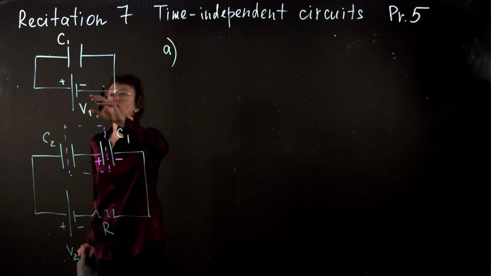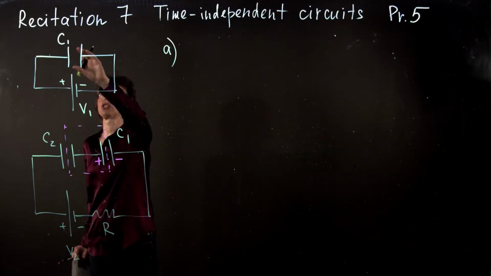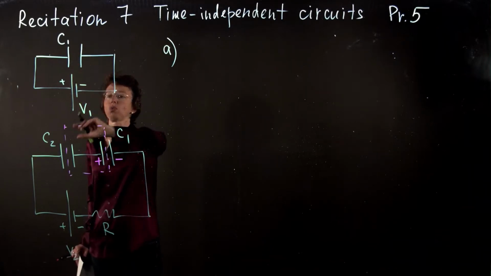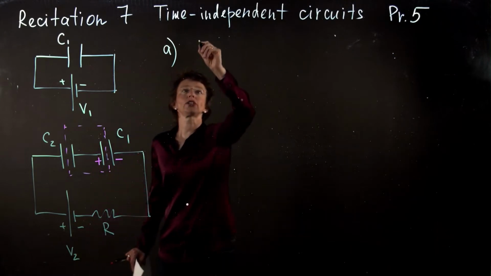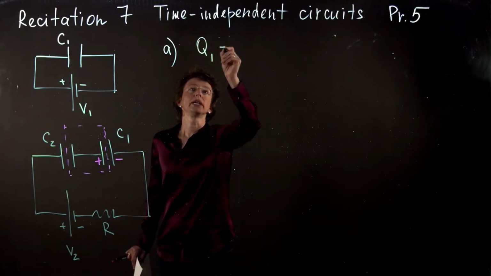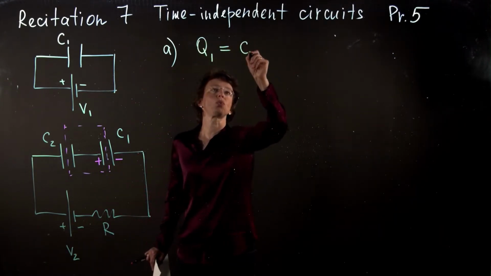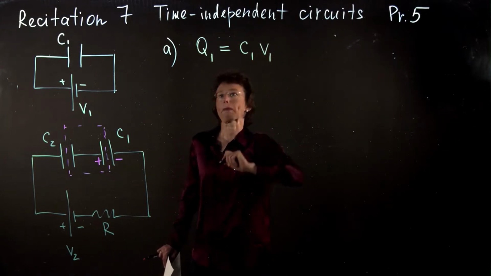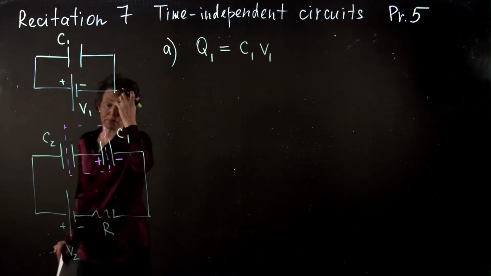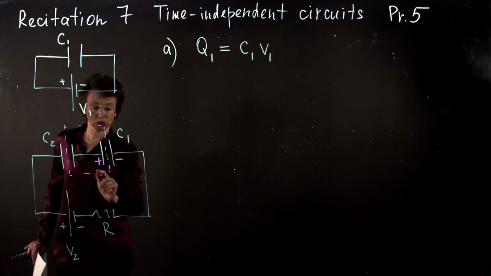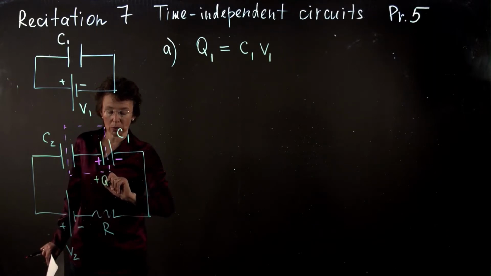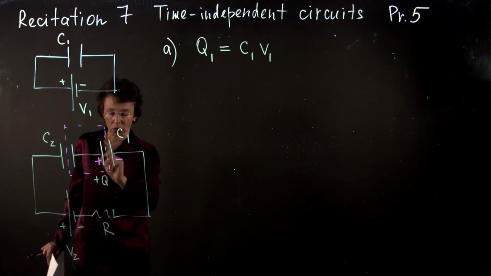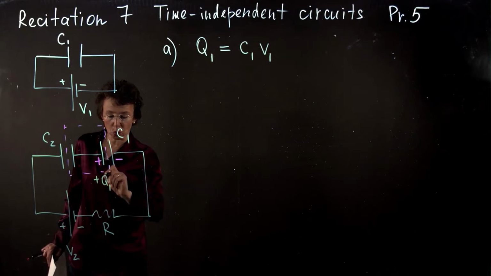Okay, so first of all, we need to find what was the charge on the plates of C1 when it was connected to the battery V1. What is the charge? We will call it Q1, and it is equal to C1 V1. Now, when I bring this capacitor to this circuit, we need to indicate the charges. Well, after charge redistribution, we will have plus on this side, let's call it Q1 tilde.